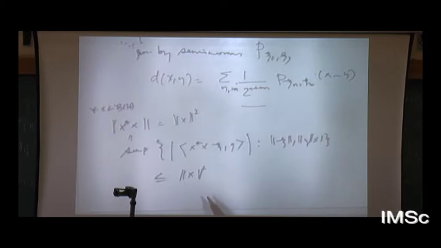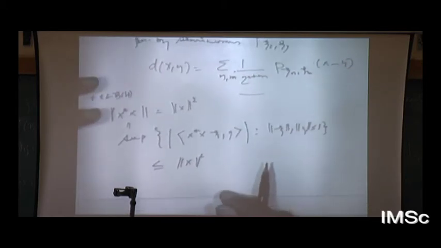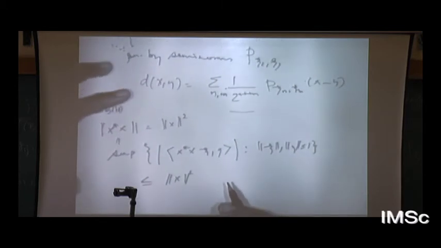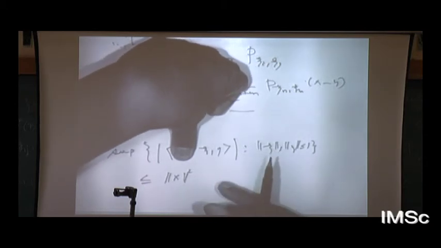But why is it exactly equal? When you first apply this fact that the norm is given by the sup of such quantities, that will show that norm x star equals norm x.